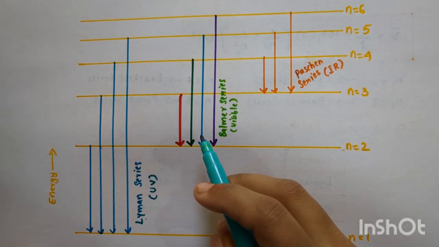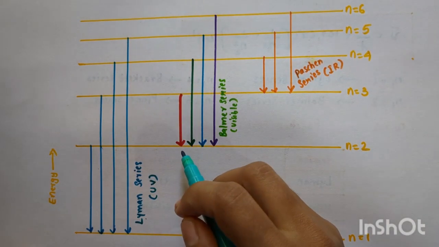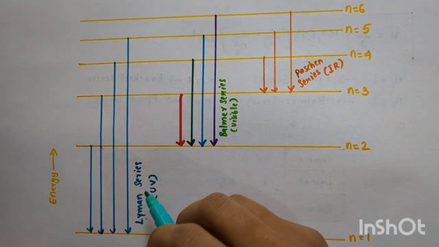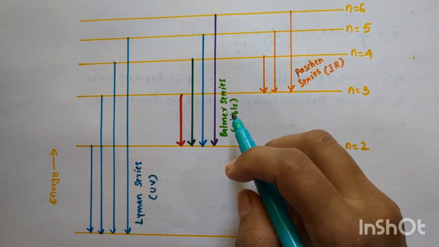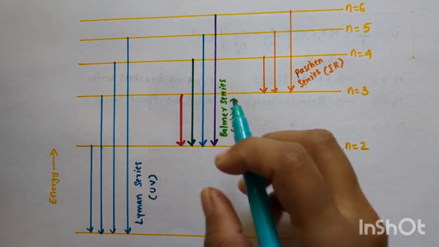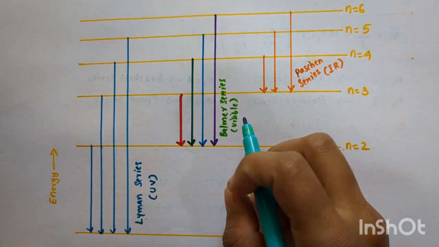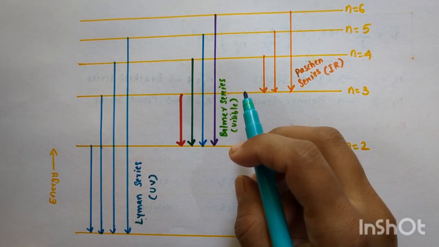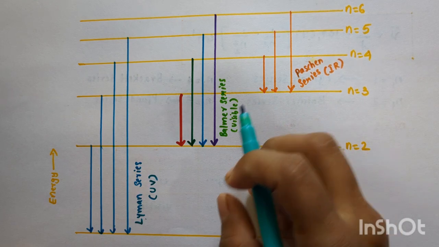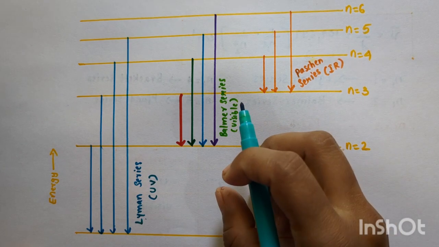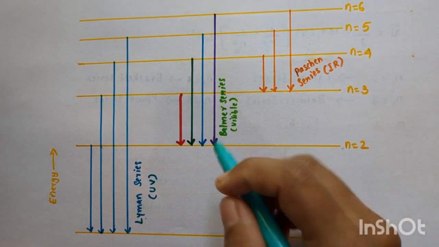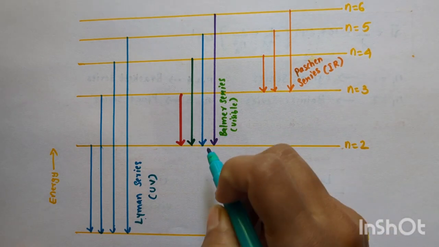Similarly, we can have Brackett series of transitions, Pfund series of transitions, etc. Here I have just shown the Lyman, Balmer and Paschen series. Now you see, of all the elements, hydrogen has the simplest line spectrum. If you consider heavier atoms, the line spectrum becomes more complex. The line spectrum of an element is unique.